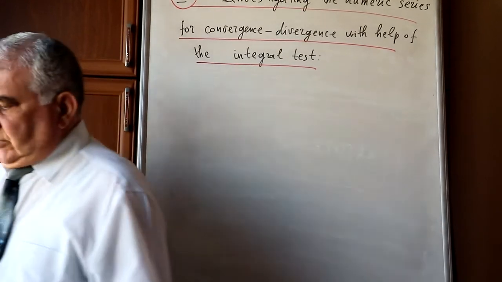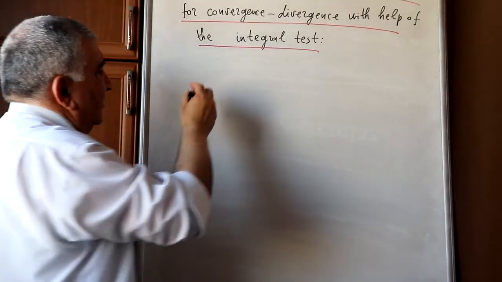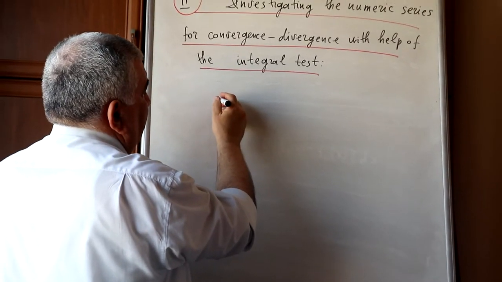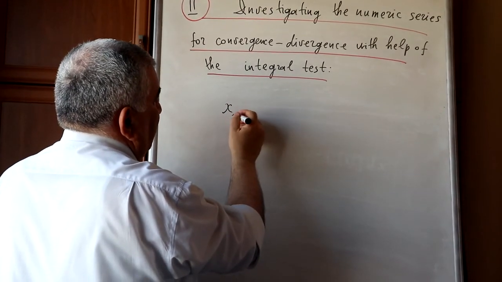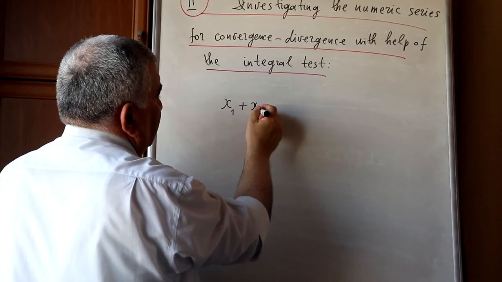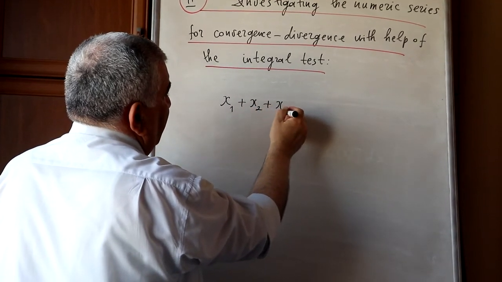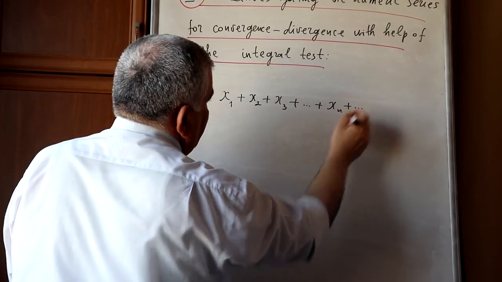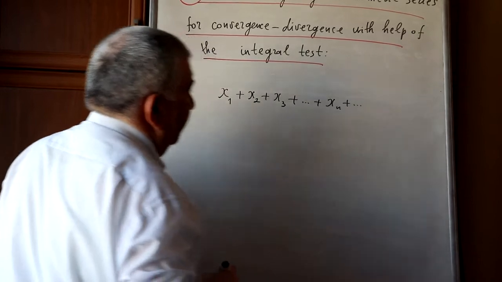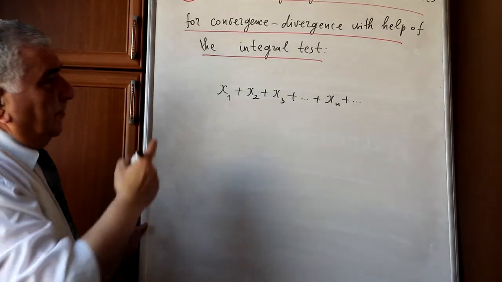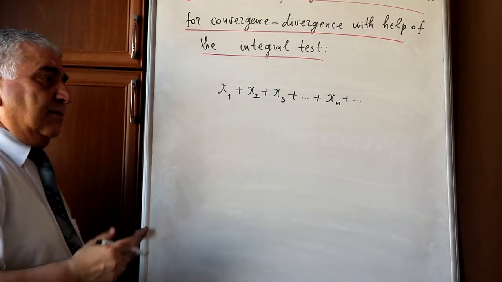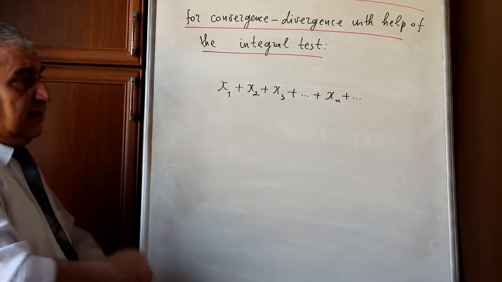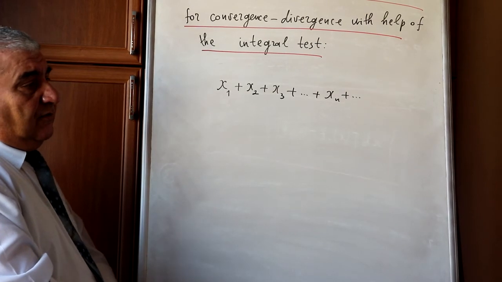Consider the numeric series x1 plus x2 plus x3 plus etc. plus xn plus etc. Let the general term of this numeric series be defined by the following formula.